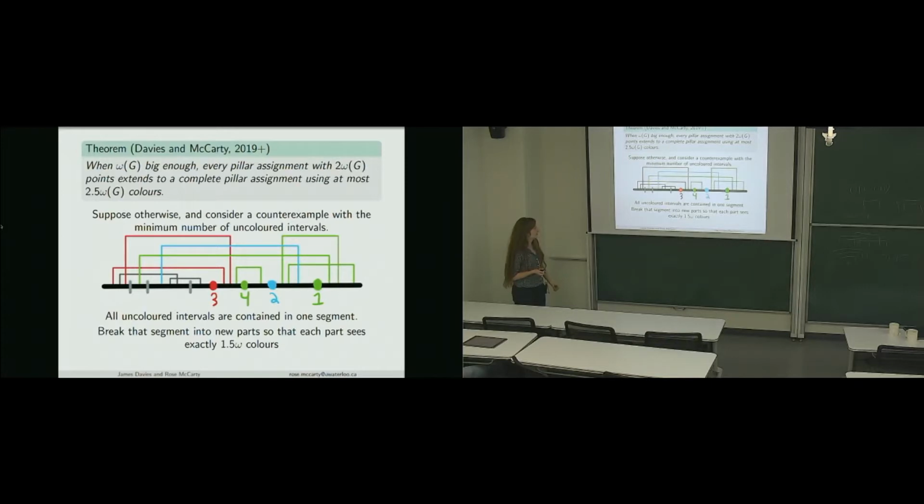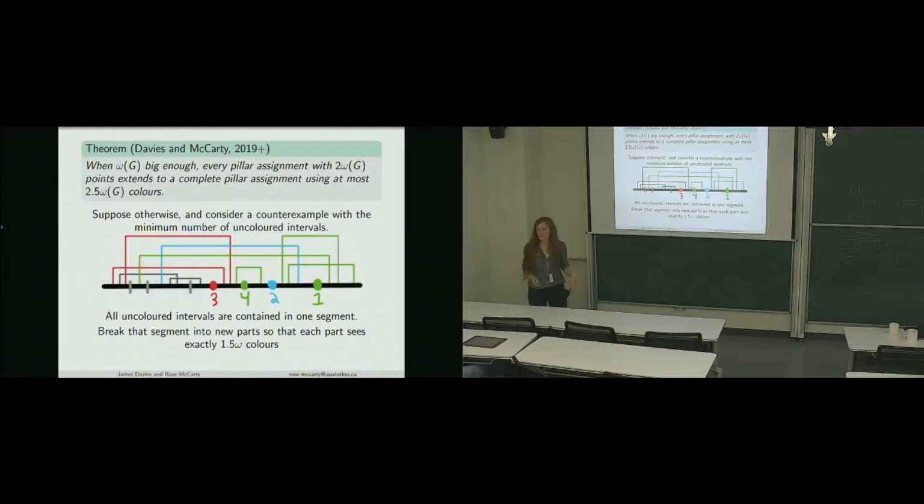Now, we're going to start by placing the points. Later, we're going to color them and order them. But now I'm going to place new points into this segment so that each part like this sees exactly 1.5 omega colors. And by sees, I mean that there's exactly 1.5 omega. I guess I shouldn't have said this because omega has to be even, but it's not a big change in the proof. Just something really close.